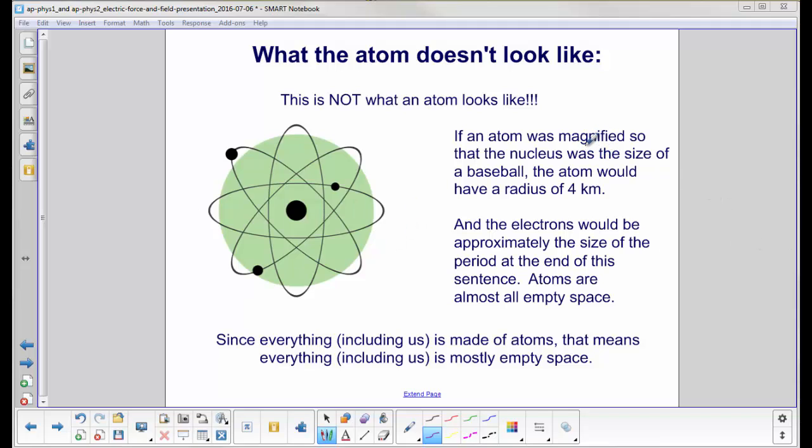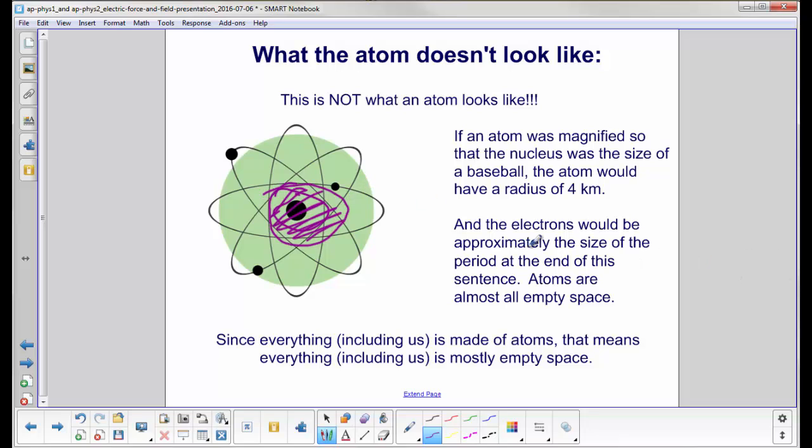But if somehow we could magically make an atom so that the nucleus, right here, was the size of a baseball, the atom would have a radius of 4 kilometers. In other words, here's a baseball. Here's our nucleus like this, little baseball. The nearest electron wouldn't be right here. It would be 4 kilometers away.